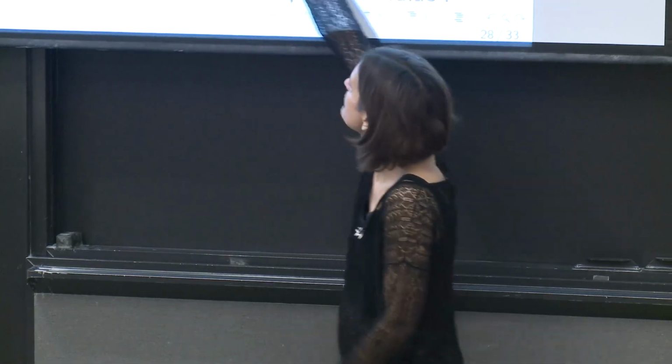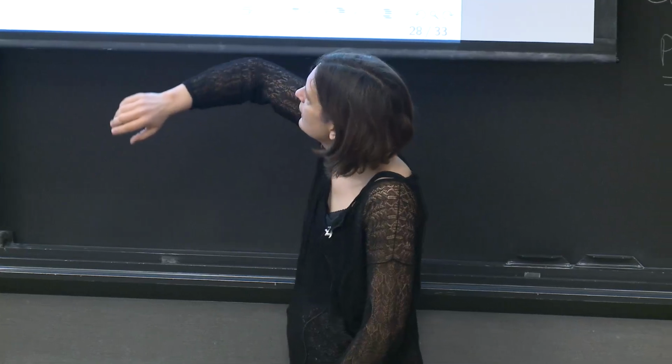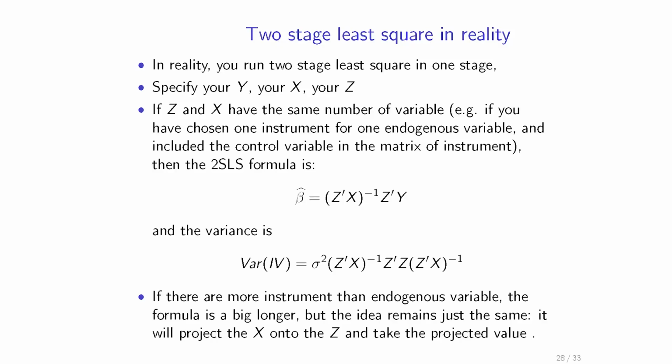So this is what's reflecting that. This is the formula for the case where you have the same number of instruments as you have variables in the model. So for example, one endogenous X and 5 controls, and one instrument and 5 controls.